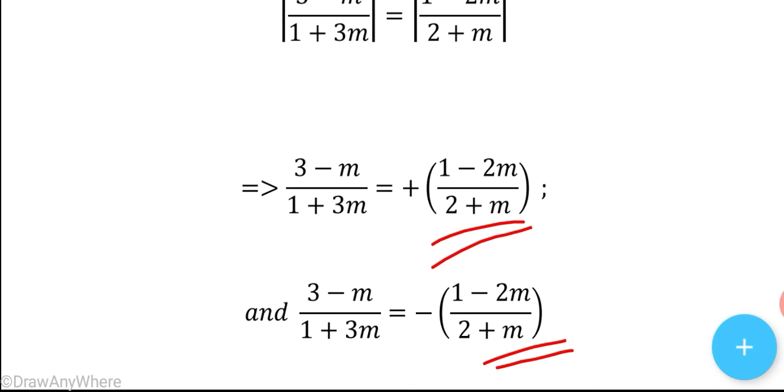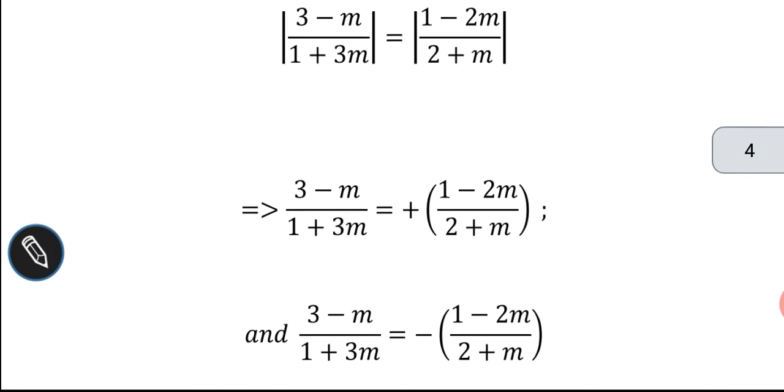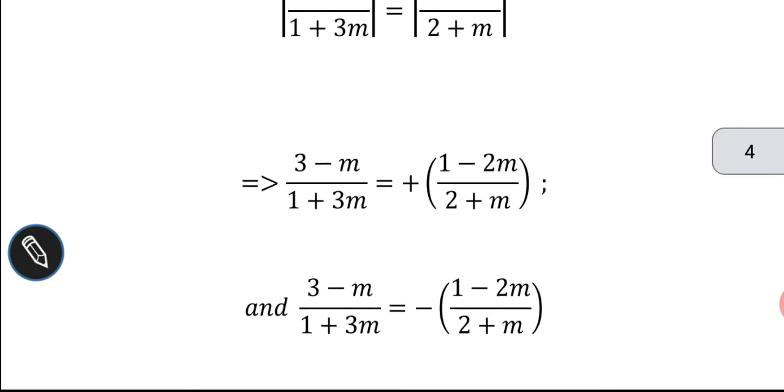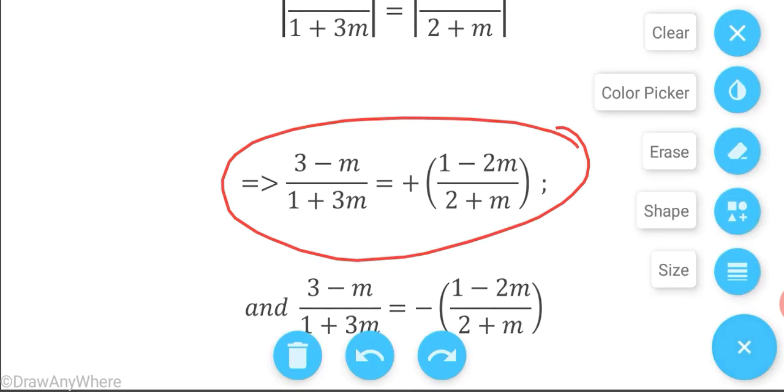So 3 minus m divided by 1 plus 3m equal to plus of 1 minus 2m divided by 2 plus m, and 3 minus m divided by 1 plus 3m equal to minus of 1 minus 2m divided by 2 plus m.